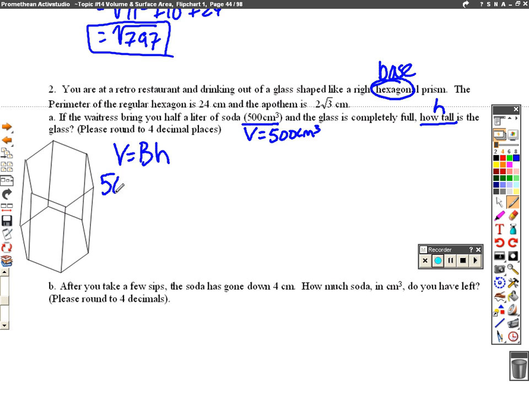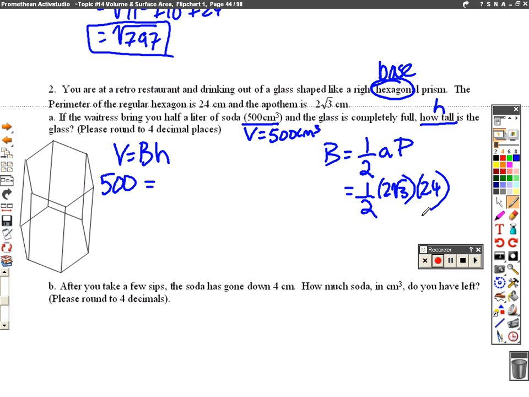Okay, so 500 cubic centimeters has to equal big B. Well, big B is the area of the base, and since it's a shape that has more than 4 sides, we need to use that special formula, 1/2 apothem times perimeter, which is 1/2 times 2 root 3, times perimeter, which is 24. All right, half of 2 times 24 is 24 root 3. That's big B.